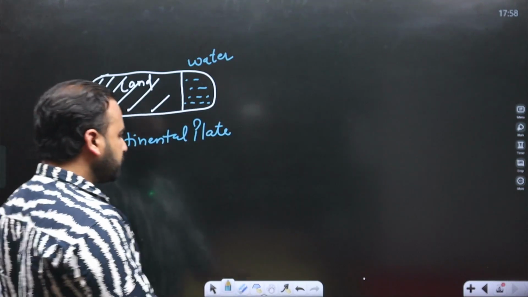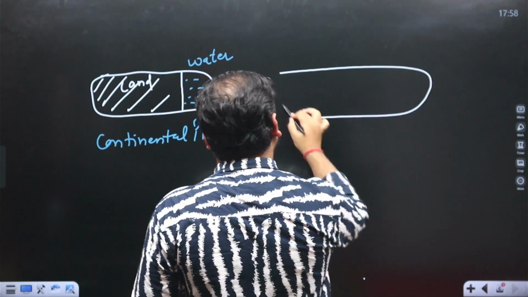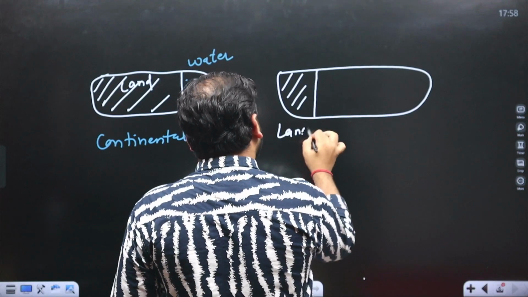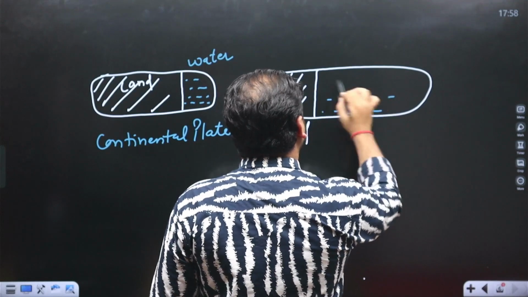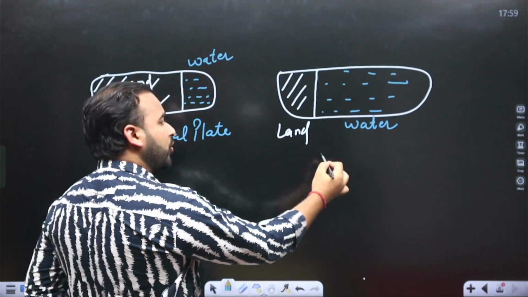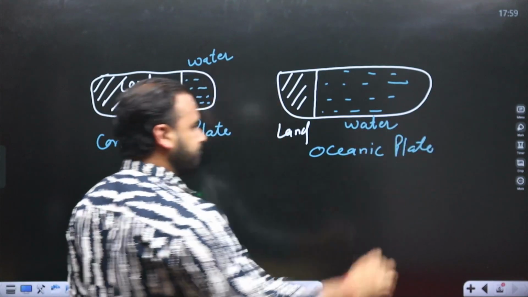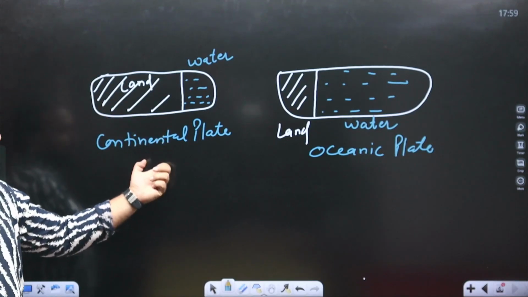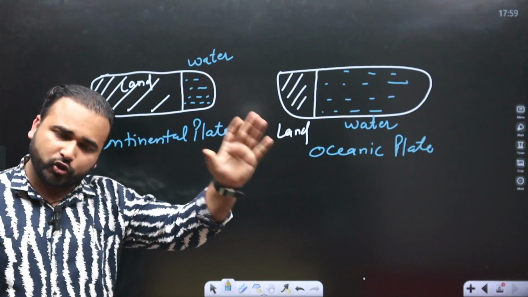But if the situation is like this, with less land and more water body, it will be known as an oceanic plate. So the type of plate depends on the dominant part. If land, continental; if water, oceanic.